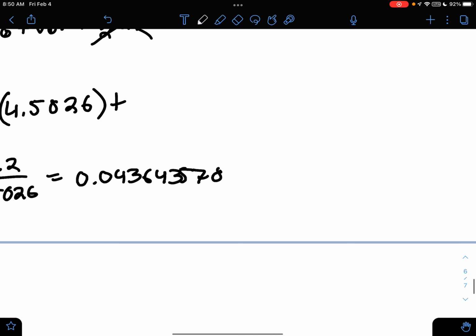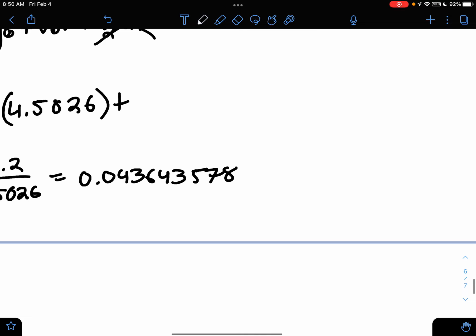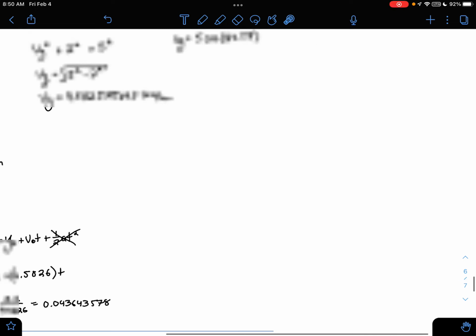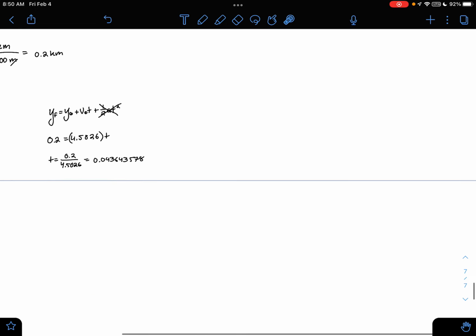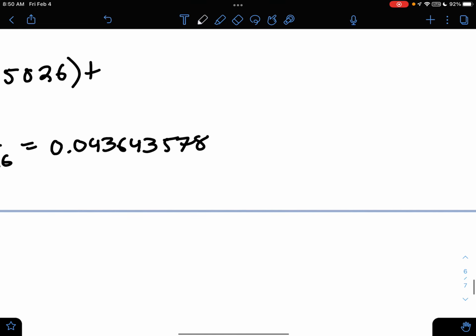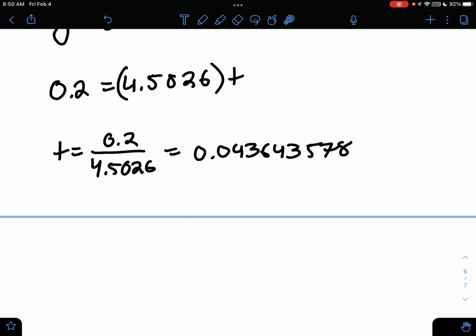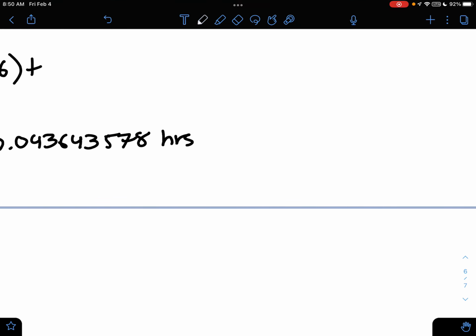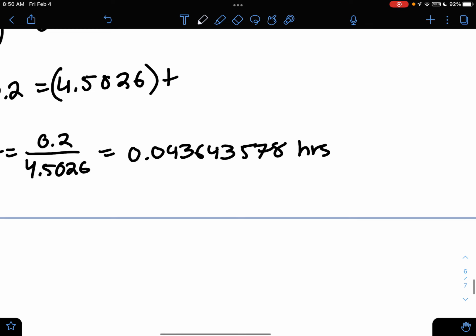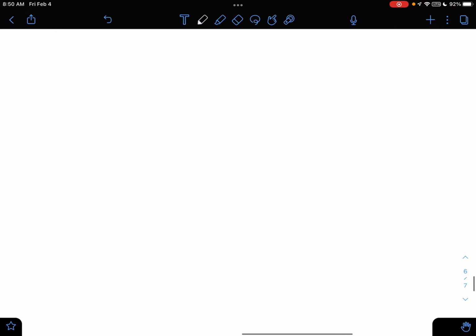Which is going to give us roughly a time of 0.043643578. And what are our units for this? I wonder, right? Here we were in kilometers per hour, so once we got rid of our kilometers, this is going to be hours. So 0.04 hours, I don't know what that is off the top of my head, so I'm going to do a real quick conversion and get that into something a little bit more understandable, right?